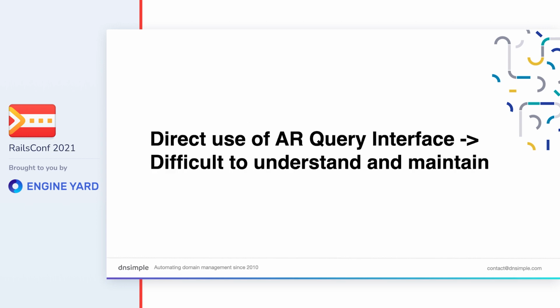And the direct use of the Active Record query interface, again, makes it difficult to understand how to find queries, and how to maintain them if they need to be optimized for any reason. It makes it difficult to locate those. We often see inconsistencies in the way that the models are queried if there's not one place to go to get this type of information about the models.